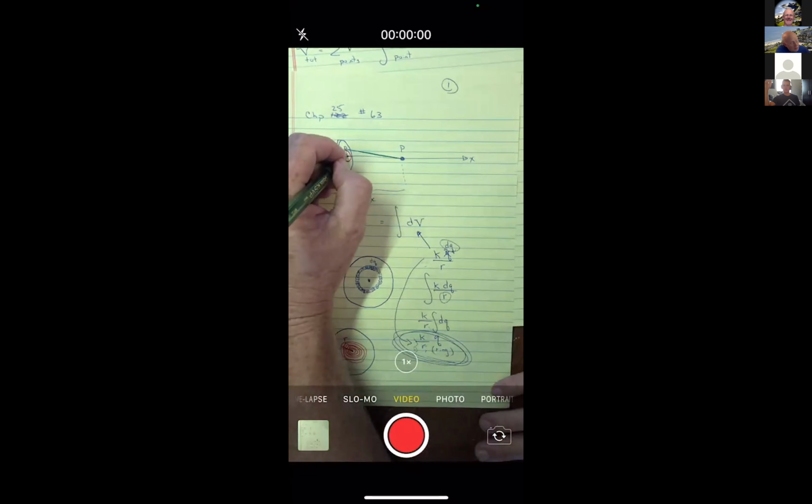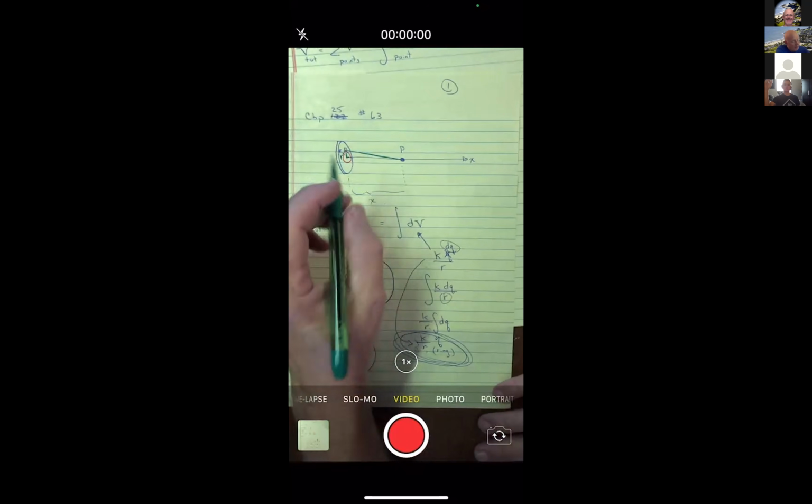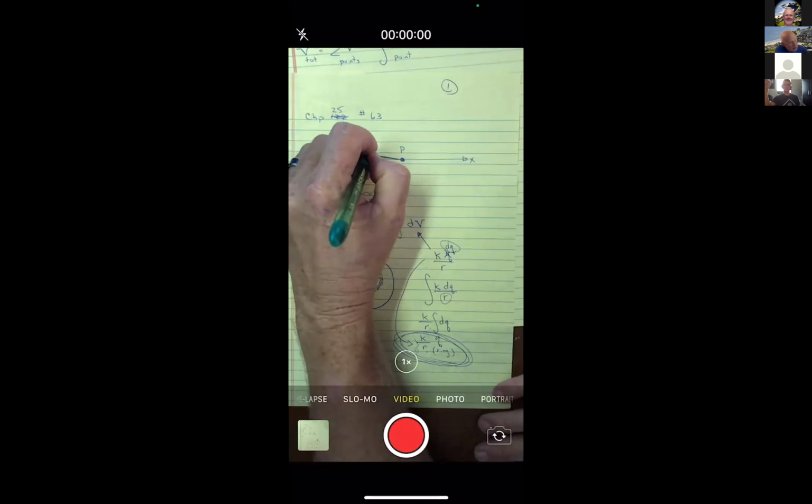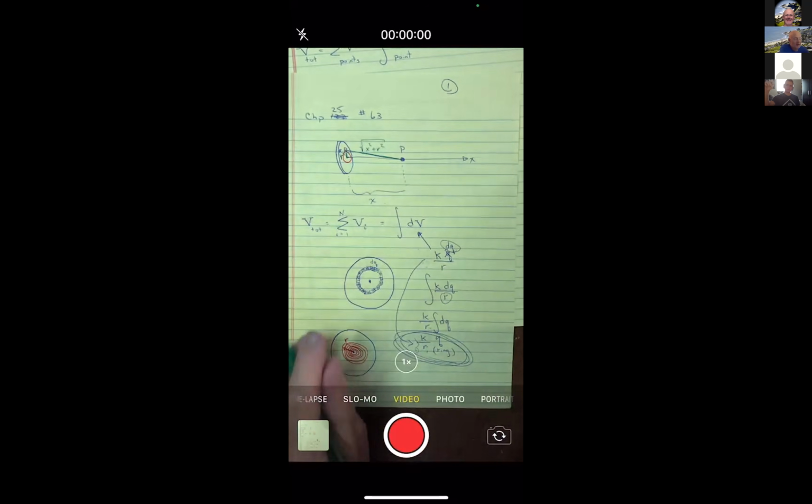And so if the radius of the ring is the little r, then the distance from the charges on the ring to this point P would be x squared plus little r squared, square rooted. That'd be the Pythagorean theorem.